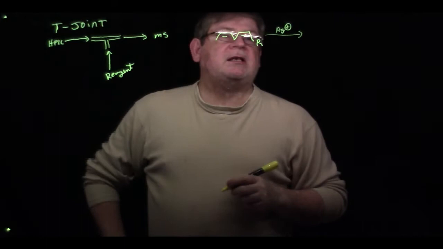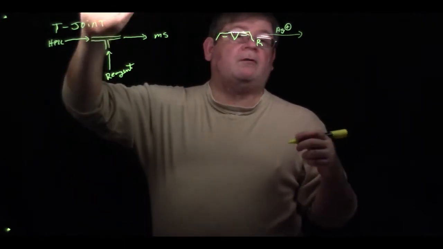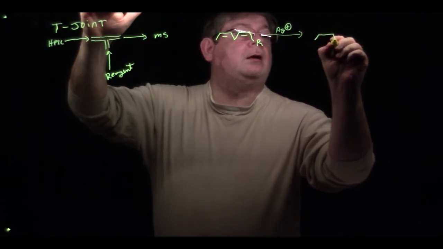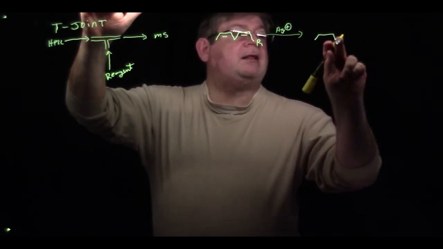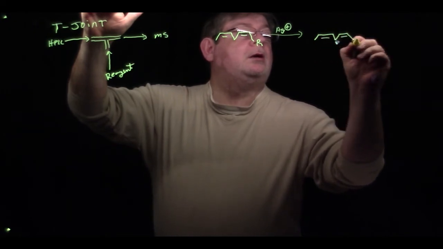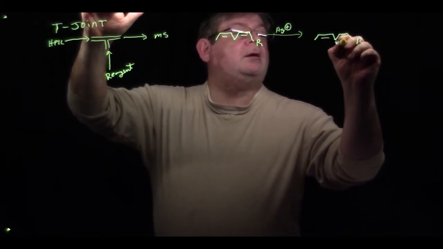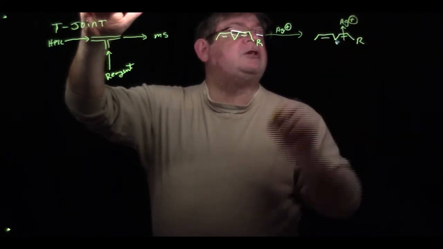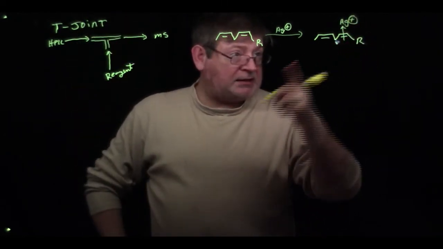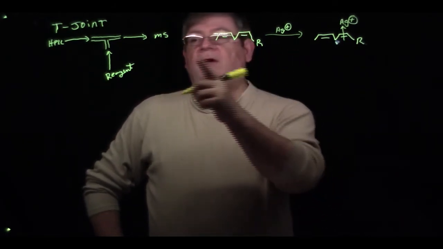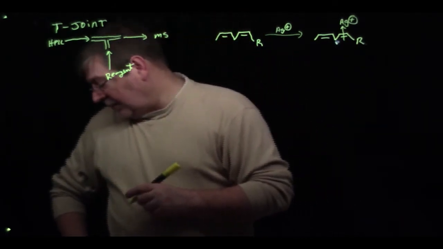Usually they use something like silver triflate, and you can make these adducts where the double bond will coordinate with silver. And as you can imagine, that's now a charged species that you can detect by the mass spec. So this works very, very well for this type of chemistry.